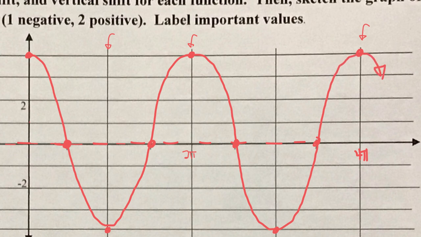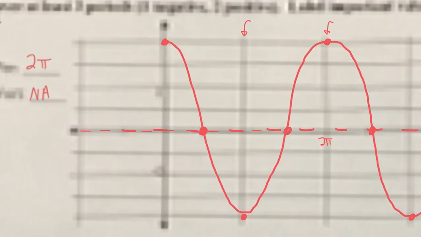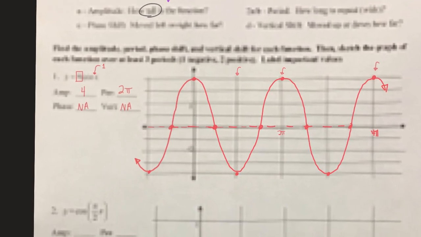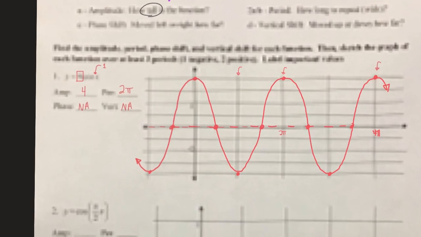Okay, so those are 2 positive periods, right? 2 pi is your period. So we have 2 of those, 2 pi and then 4 pi. And then let's see what we have going to the left. Nope, we don't have an entire period. We only have half, so that's okay going to the left. Right, it would go down and then it would swoop and come back up. So this would be the graph of 4 cosine x.